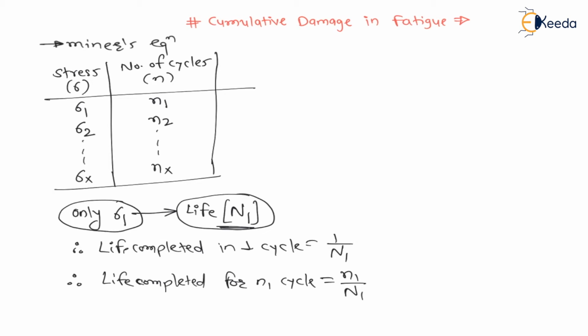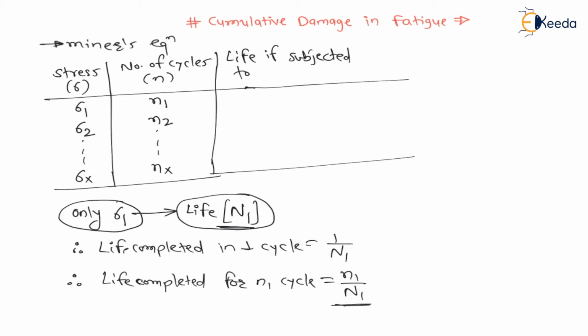So for stress sigma 1, the life of the component completed is small n1 divided by capital N1. If only subjected to sigma 1, the life is capital N1. If only subjected to sigma 2, the life is capital N2, and so on. If only subjected to sigma x, the life is capital Nx.